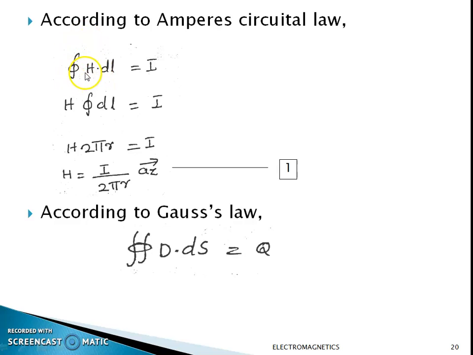That is, the closed integral of H dot dl gives the current enclosed by that closed path.